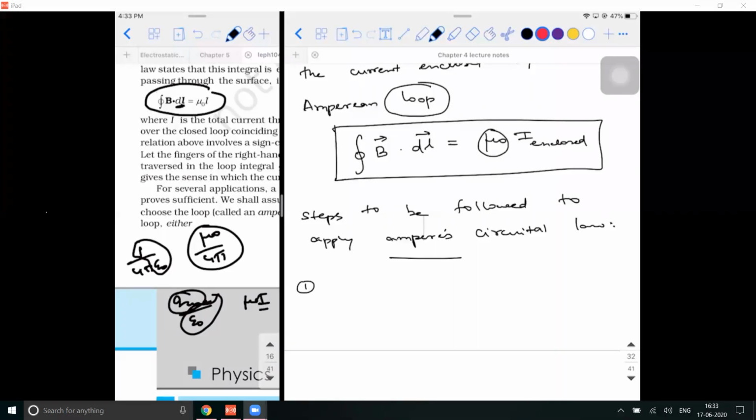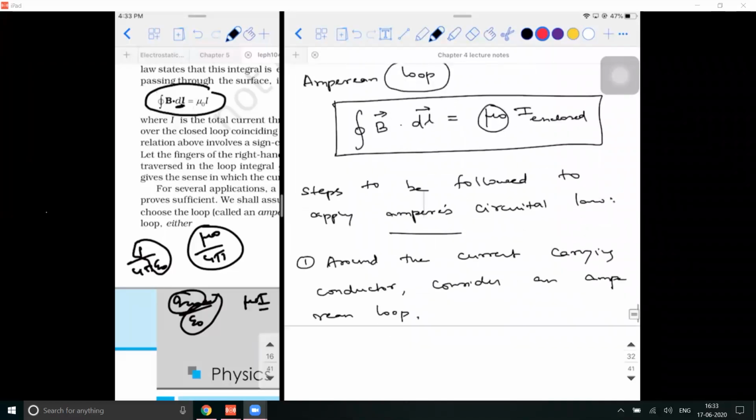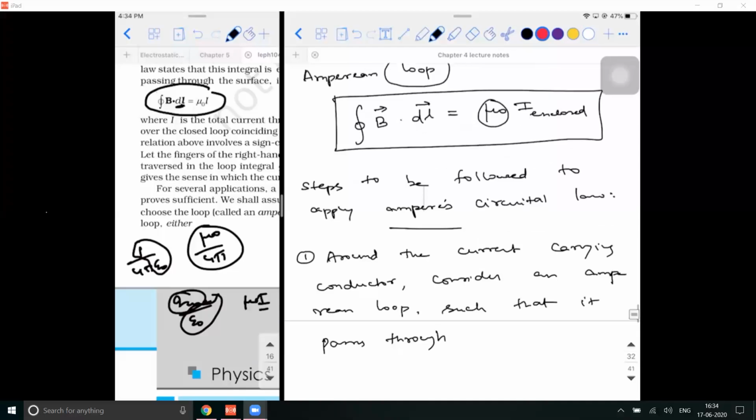First, around the current carrying conductor, consider an Amperian loop, similar to a Gaussian surface, such that it passes through the point where the field is to be calculated.